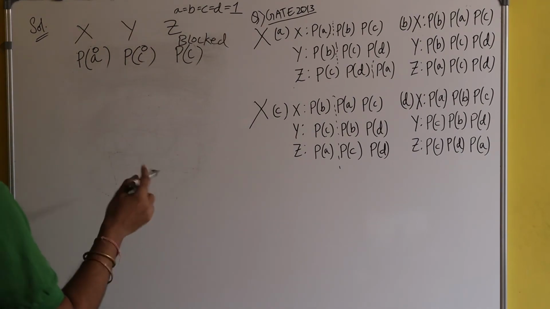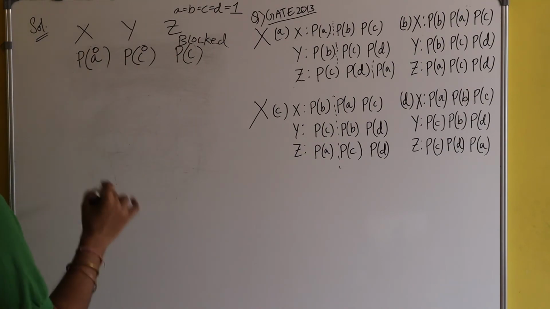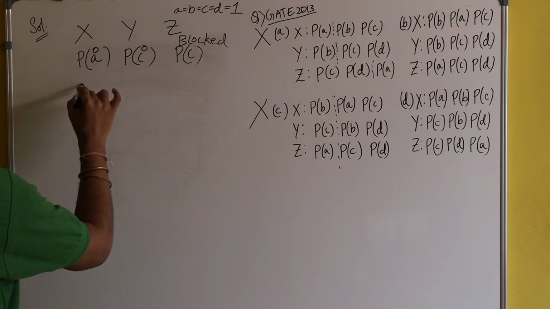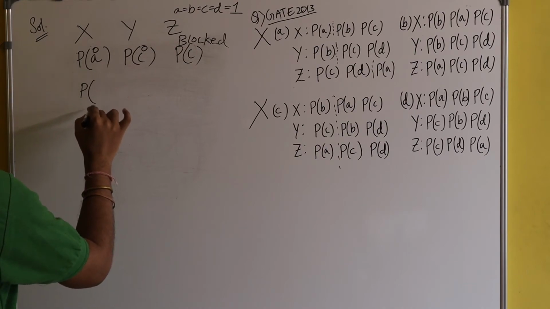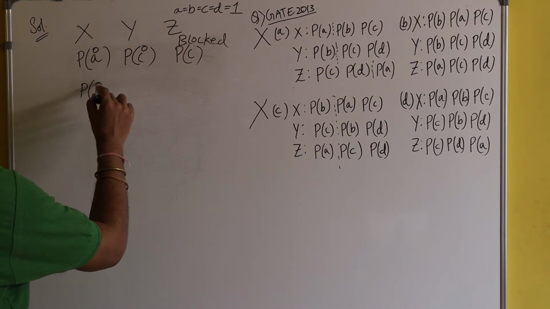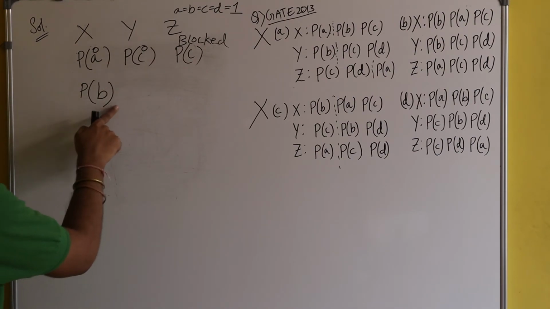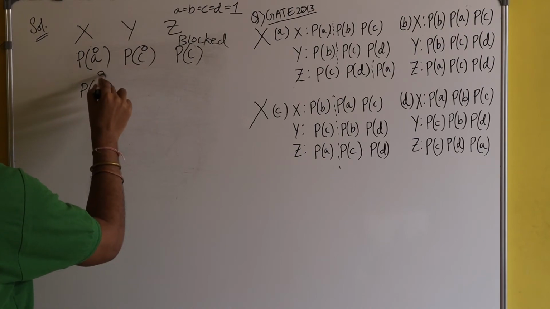Now the CPU is given back to process X. Now process X will apply B operation. The value of B is 1. Till now no process has accessed the variable B, so it will be made 0.